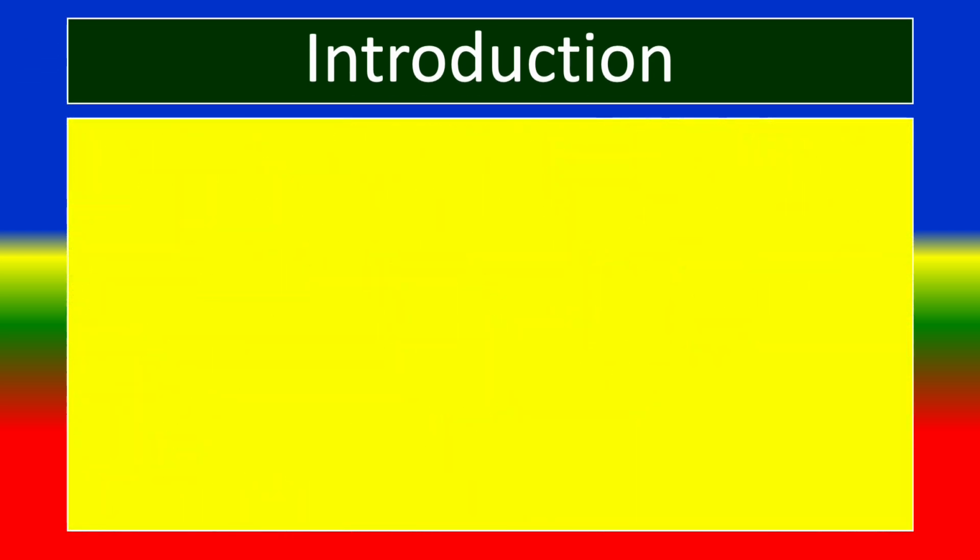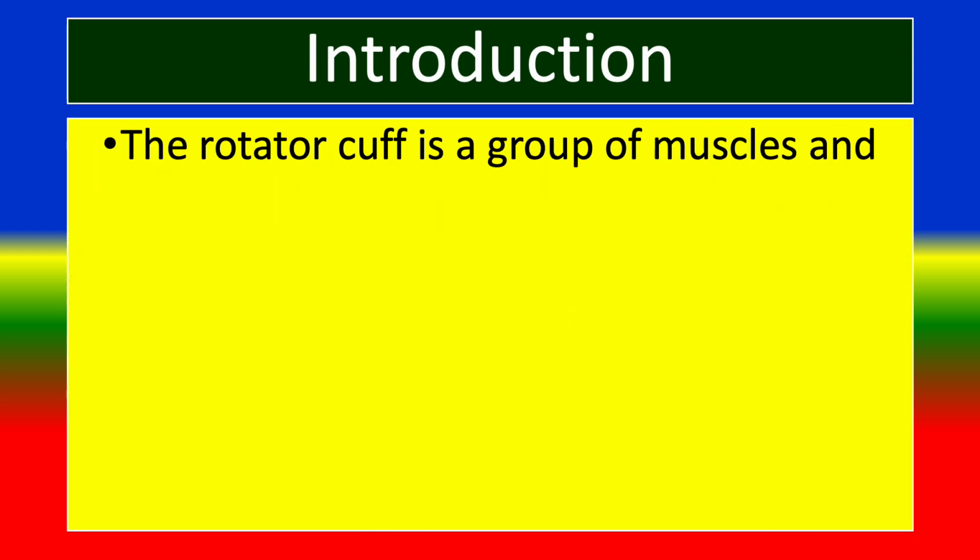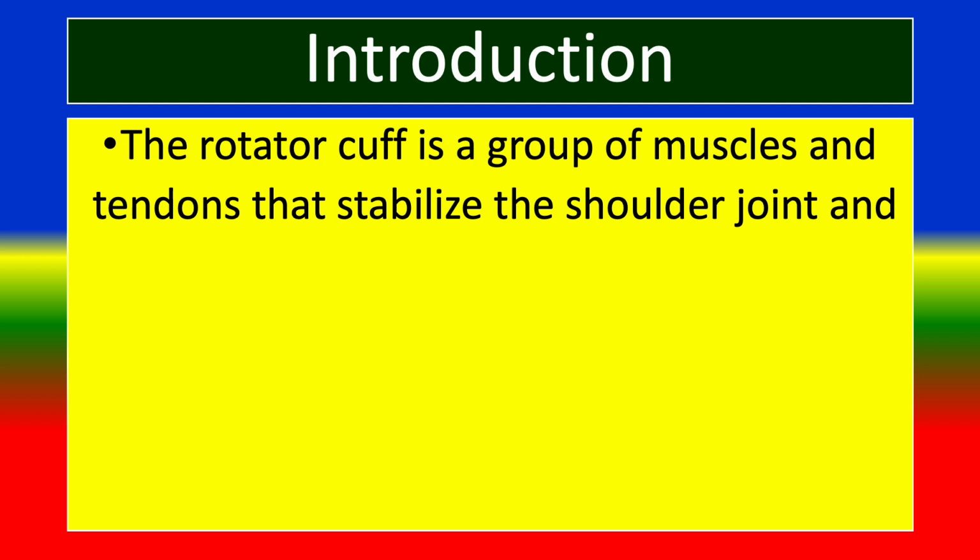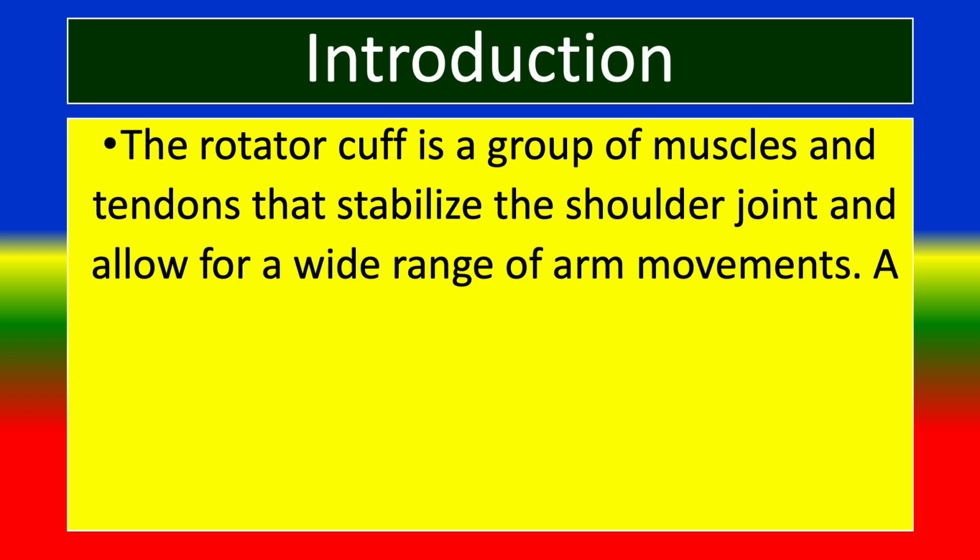Introduction. The rotator cuff is a group of muscles and tendons that stabilize the shoulder joint and allow for a wide range of arm movements.